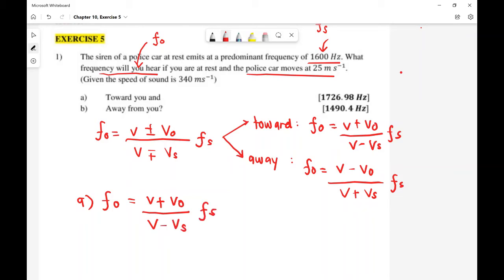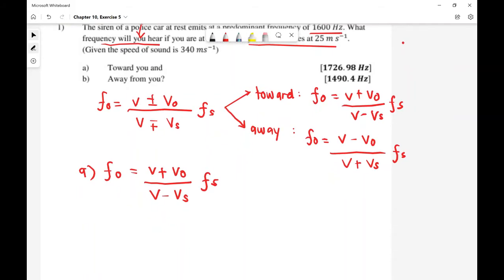V ni adalah speed of sound, which is 340 meter per second. VO adalah speed of observer. Observer is you, so observer is at rest, so VO is 0. Kat bawah ni 340 minus VS. VS adalah speed of source.